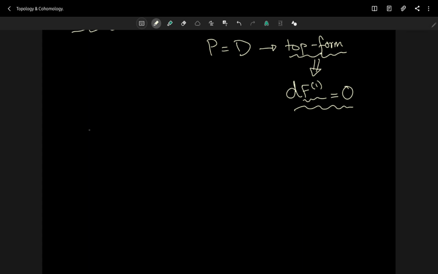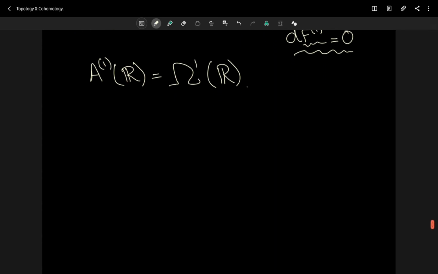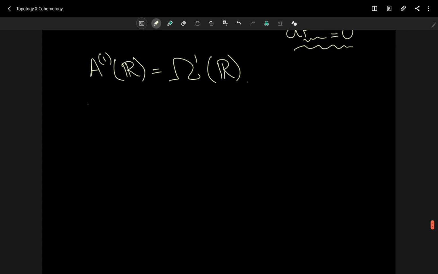What that means is that this A1 of this space of real numbers is equal to this thing. Okay, so again, what about the exact forms? What I mean is, when can this thing equal dc0 on your space of real numbers?